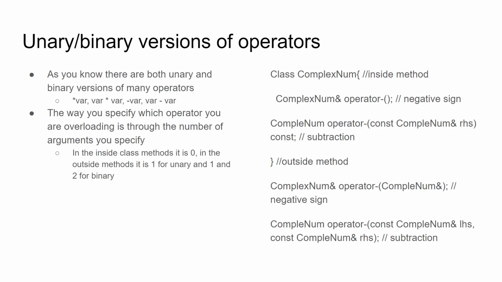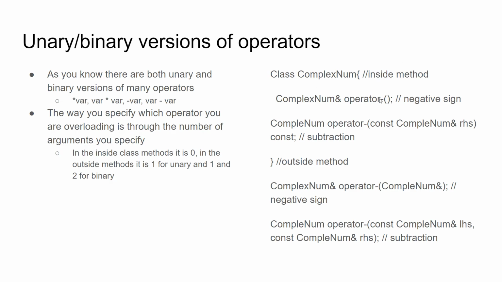If you're inside the class and you want the unary version, your function would accept 0 arguments because you're implicitly negating yourself or dereferencing yourself. If you wanted the binary version inside the class, you would receive that one other operand, the right-hand side. If you were defining the function outside the class, the unary version will receive 1 argument, and the binary version gets 2 arguments.